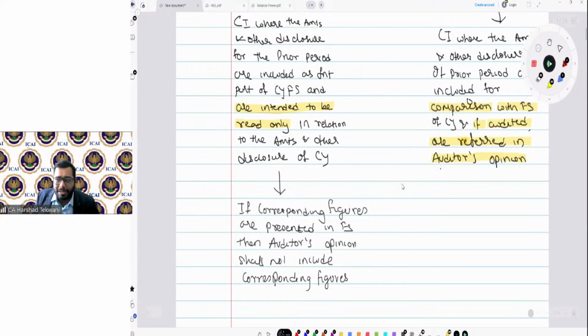As an auditor, I am not required to include the corresponding figures in my opinion. Clear?